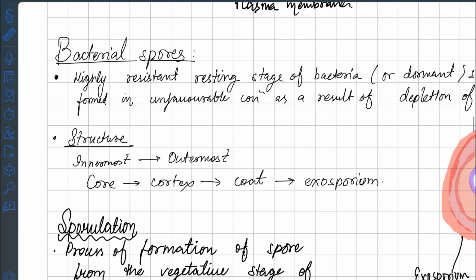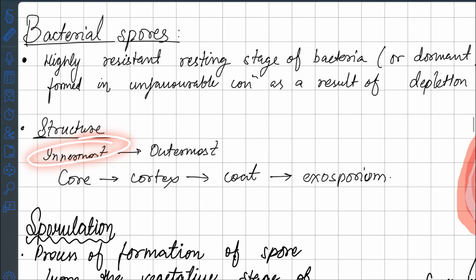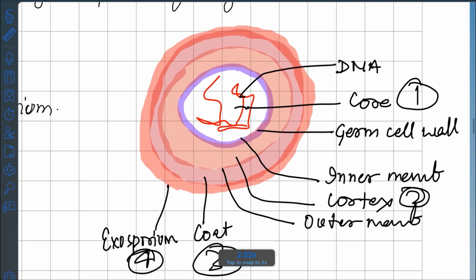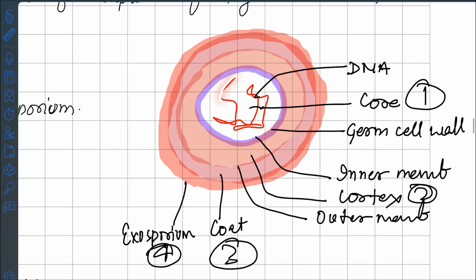The structure of a spore is a very simple one. From innermost to outermost, it consists of core, cortex, coat, and exosporium. Here is a diagram for you. So this is the innermost structure. We can see this is the DNA.